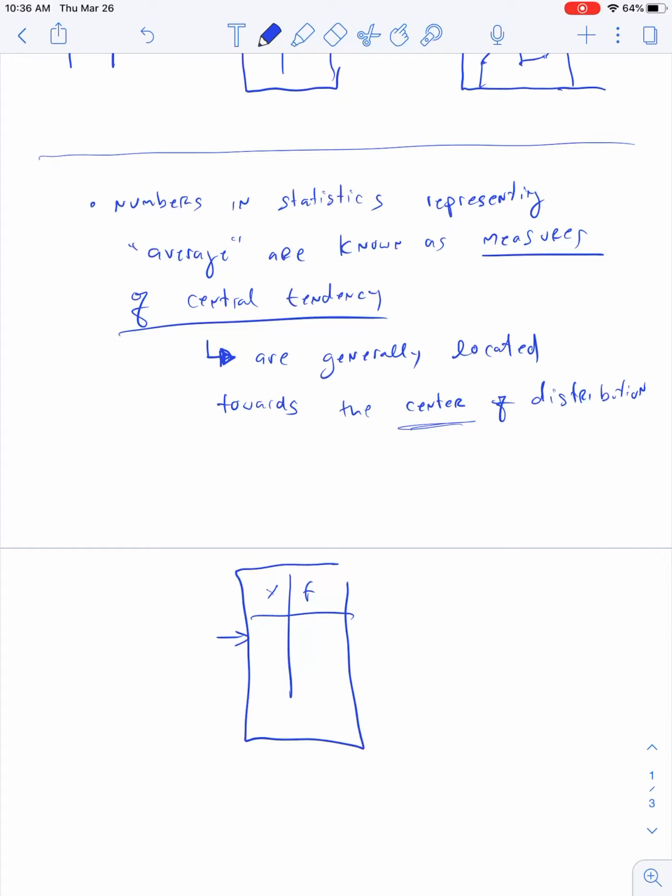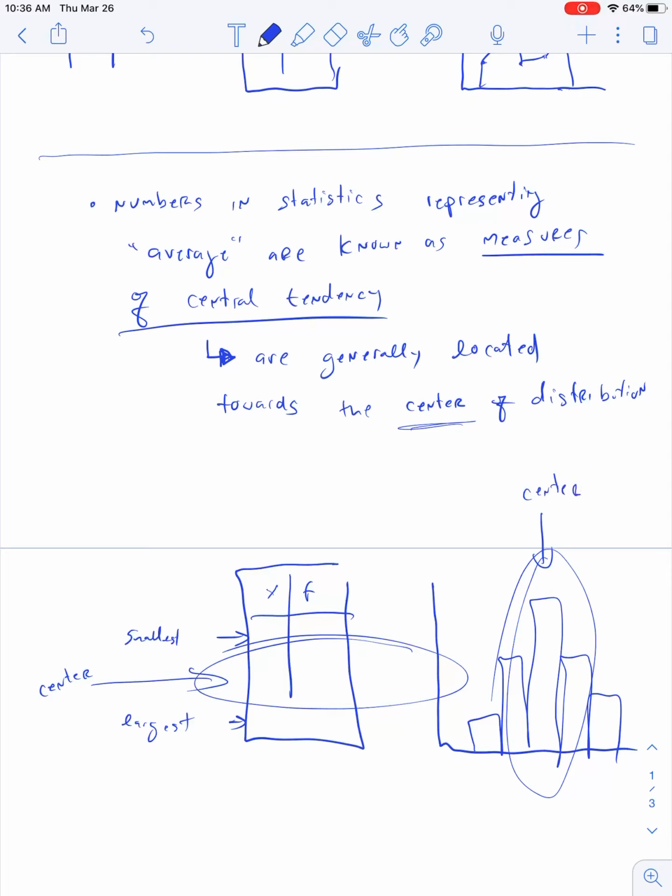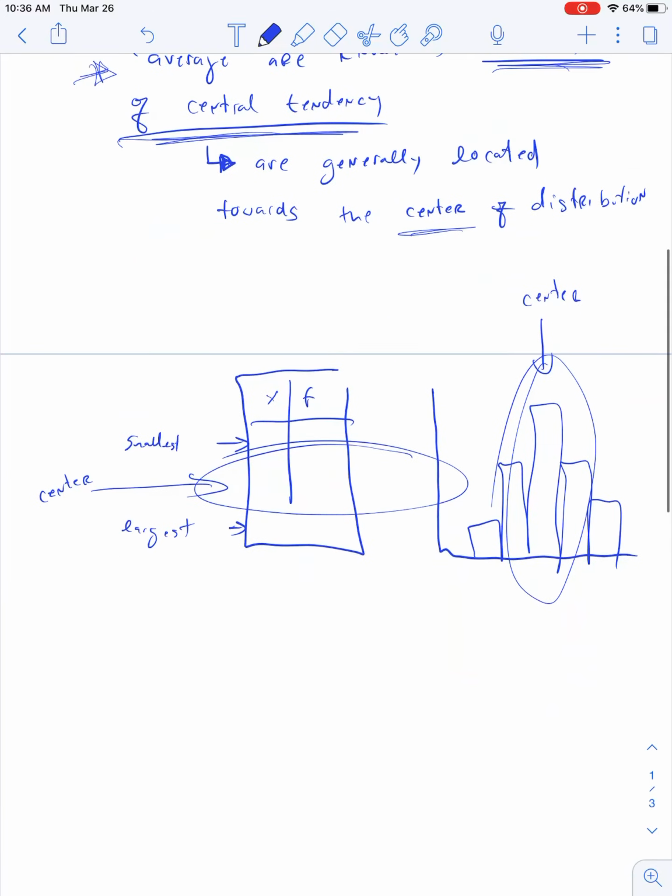We know that here is the smallest data value, and there is the largest. Somewhere right in there is the center. Same case with a histogram or a frequency polygon. Somewhere right around there is also the center. So once again, that is the measures of central tendency, which is usually known as the average.